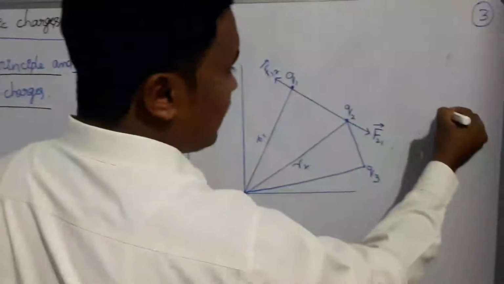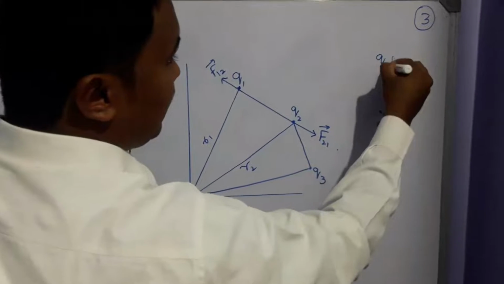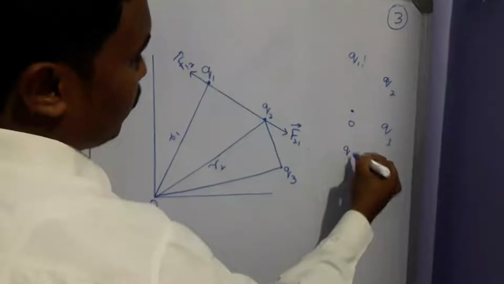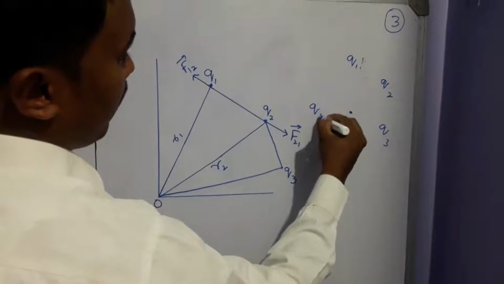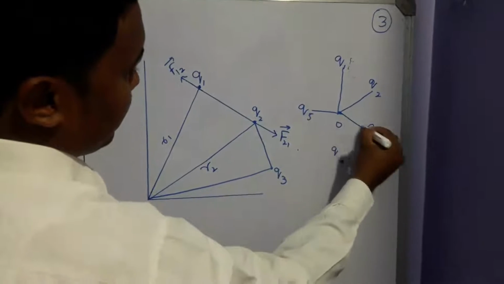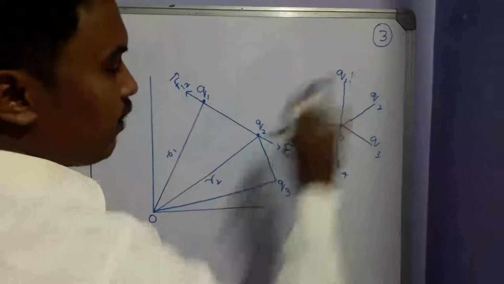Now assume that this is a system containing Q1, Q2, Q3, Q4, Q5. These are the system, it contains 5 charges.